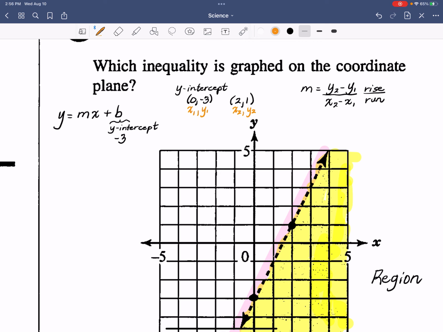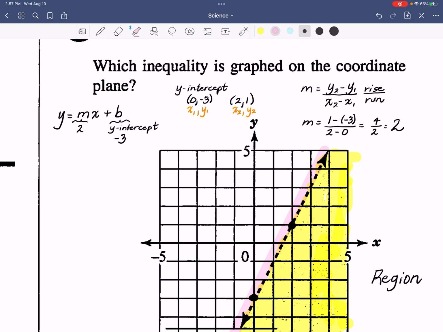That just made it a little bit easier to substitute. You don't have to do that. Some students can do this mentally. They don't even need to do this formula. So y2 minus y1 over x2 minus x1. So we end up with 4 over 2, or 2. Positive 2 is my slope. So I bring that back over here for m.